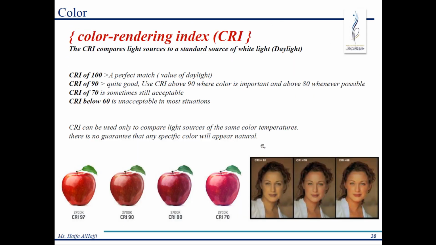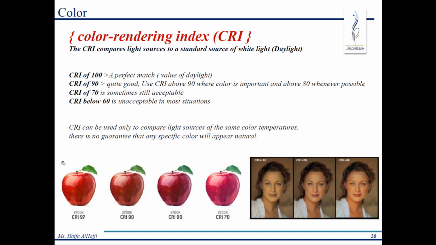So as we can see, it's just comparing your light source to your daylight source according to how much of the white light is being covered. The more being uncovered, the worse the light will look, and the more colors will be missing. For example, here we have a comparison. This is a 95, a 97 CRI, this is a 90, this is an 80, and this is a 70.